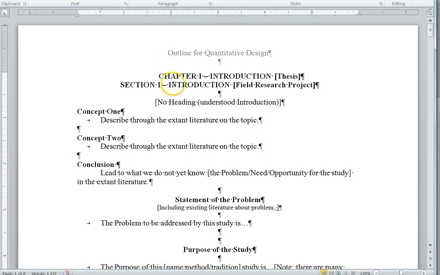The nomenclature is chapter 1, 2, and 3 for the proposal if we're conducting a thesis, and we may have one or two people interested in a thesis, or section 1, 2, 3, and 4. Section 1 being the introduction, section 2 being the literature review, and section 3 being methodology. Particularly, we call it methodology when we are in a quantitative paradigm.